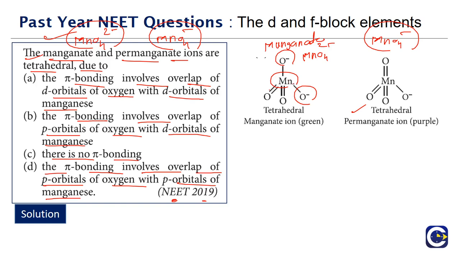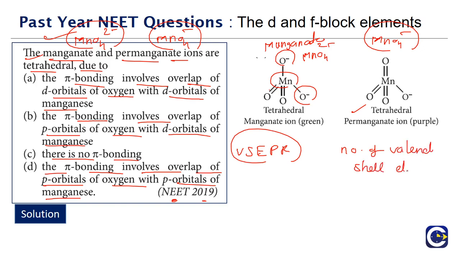So if we look at the shape or geometry as per the VSEPR theory, when we calculate the number of valence shell electron pairs, we only consider the electron pairs of the sigma bonds, because the electron pair of the pi bond will be aligned in the same direction as that of the element to which the central atom is already bonded. So here the two electron pairs, we will not count as two pairs, but we only take into account one pair.